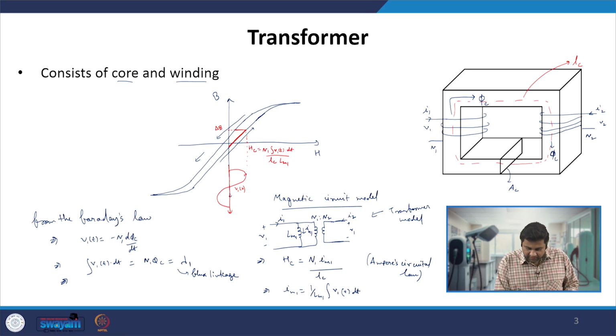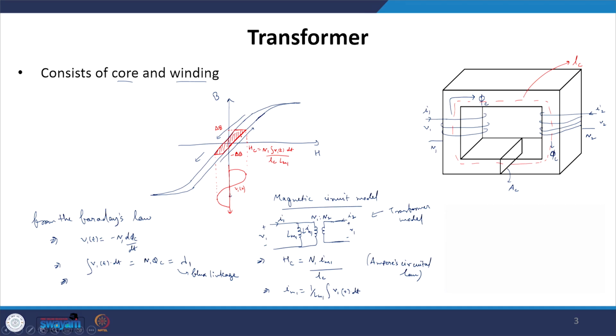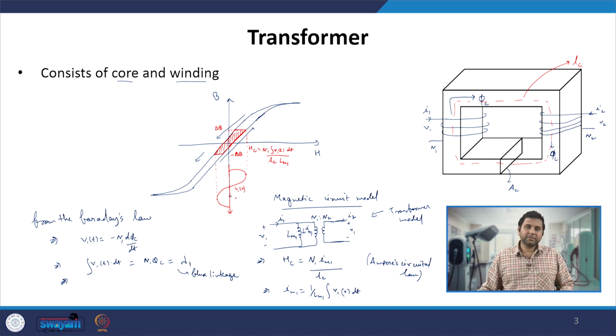Once it reaches the negative direction, it comes over here, and that is when my BH curve comes over here, and then finally it forms minus delta B. This is my entire BH curve which gets enclosed while this particular kind of excitation is given to this core.